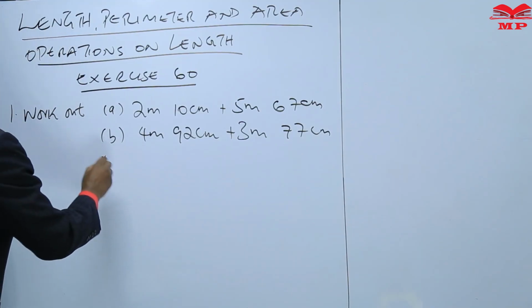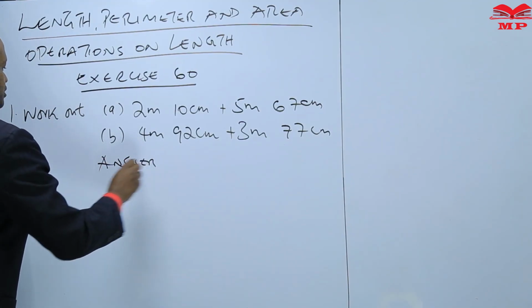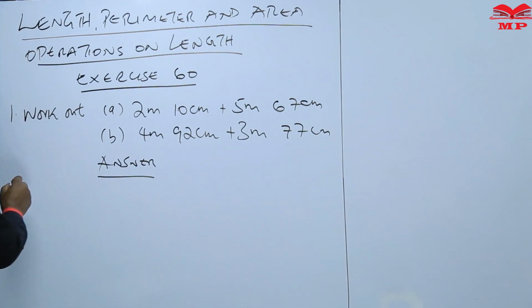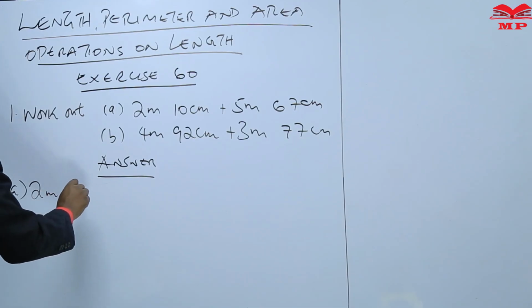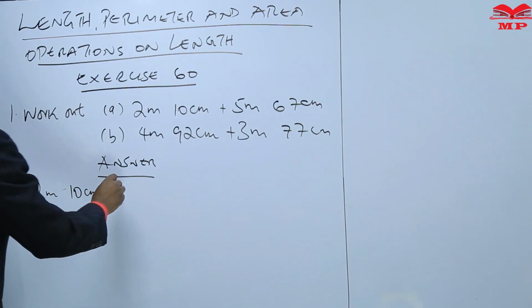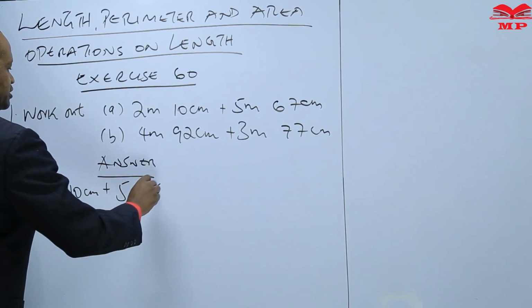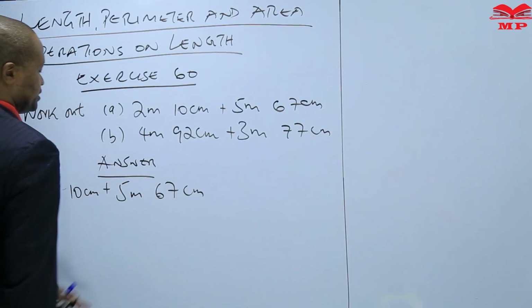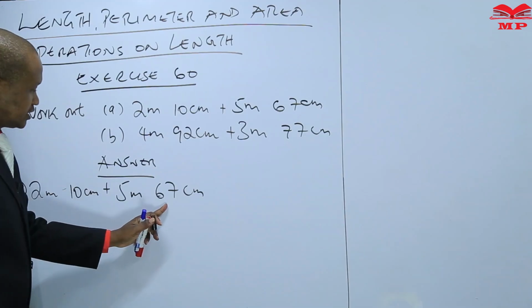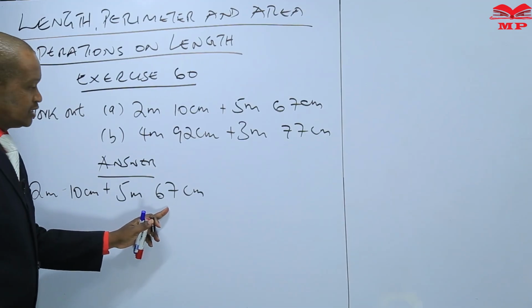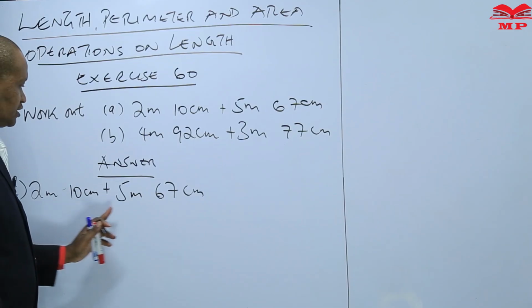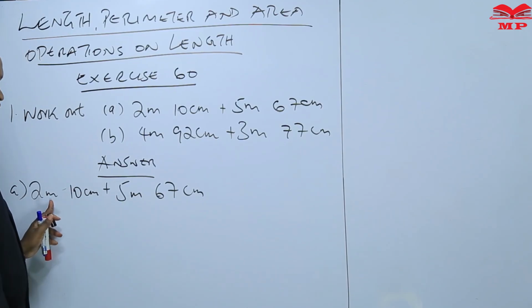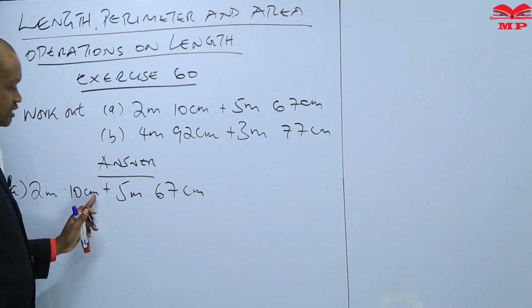So answer A, we are to work out 2 meters, 10 centimeters plus 5 meters, 67 centimeters. When you have such a problem, learners, you see the units of length in this problem are meters and centimeters.